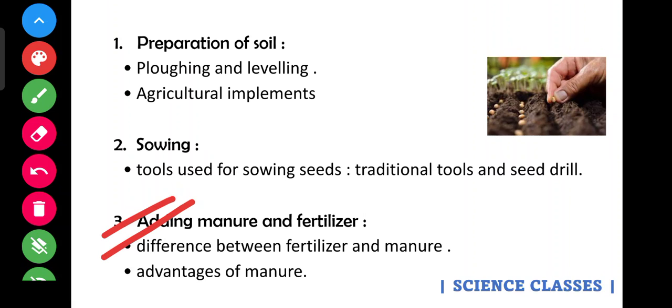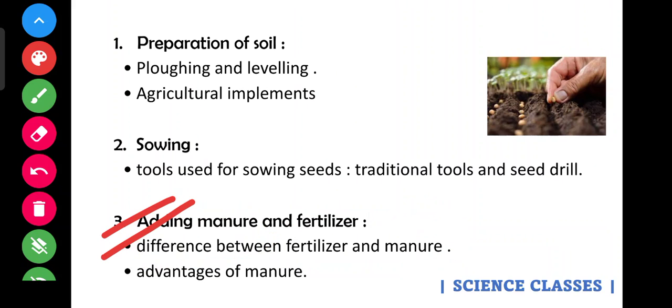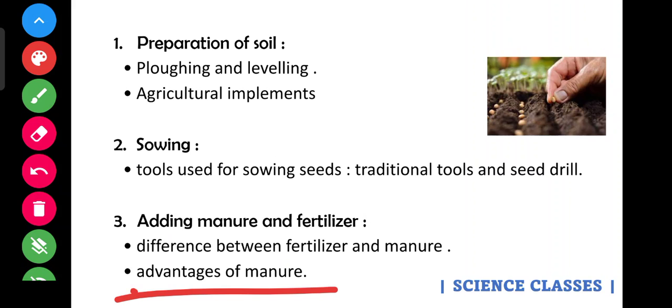Further, you will study the difference between fertilizer and manure, and one of the most important questions, the advantages of manure. Why manure is very important and what the difference between manure and fertilizer is, I'll not explain now, but in the series of videos which I'll be uploading further, I will explain the difference between manure and fertilizer.